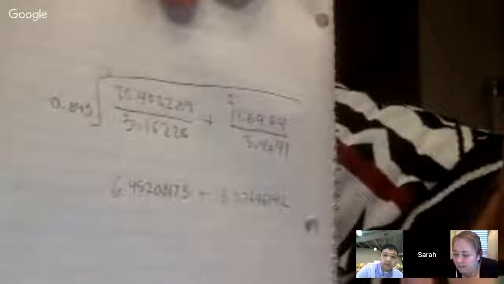This example. Drop mic and walk away. I need the number too. Square root of 6.4520817.